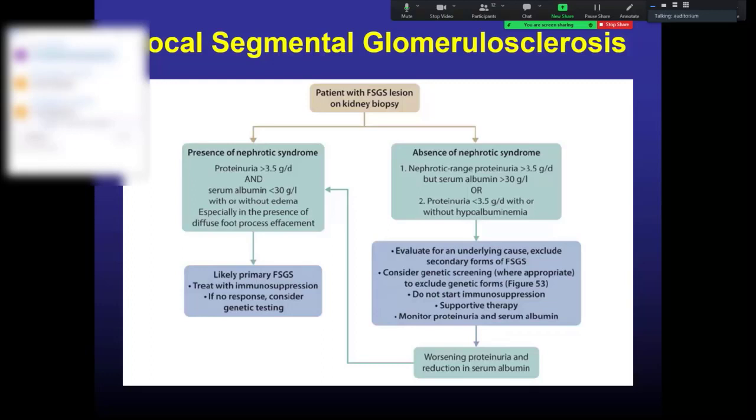So you can consider genetic screening when appropriate to exclude genetic forms. You don't want to start immunosuppression in some of these secondary cases because it's not going to benefit the patient, and then you're exposing them to the risk of immunosuppression.